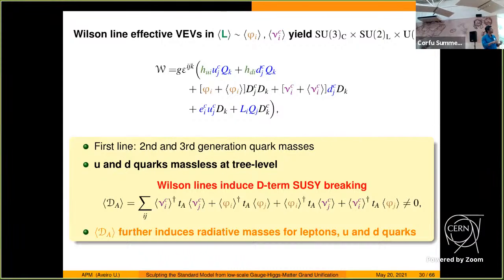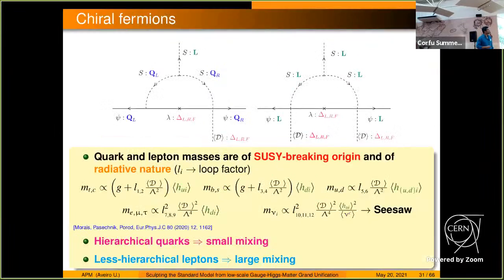It will induce masses to leptons and up and down quarks, which is a rather nice feature because it will also be associated with a hierarchy in the mass structure of this model. So this is how you generate masses at one loop level for quarks and for leptons. Together with Werner, we have studied something similar in a previous paper in a different context.